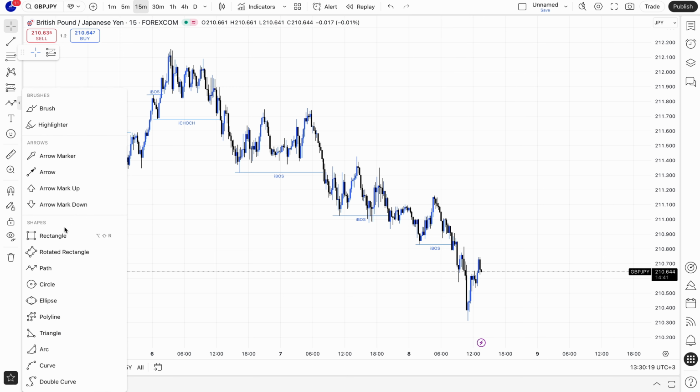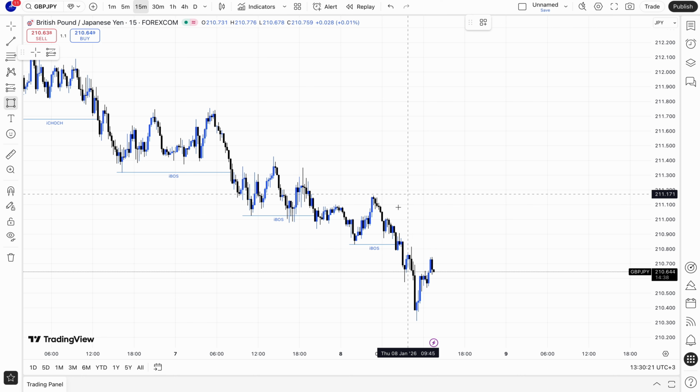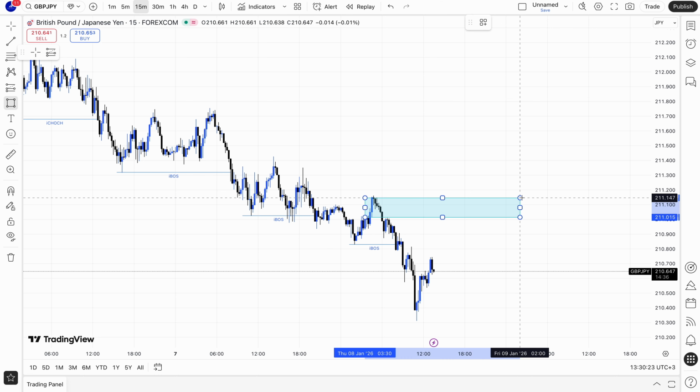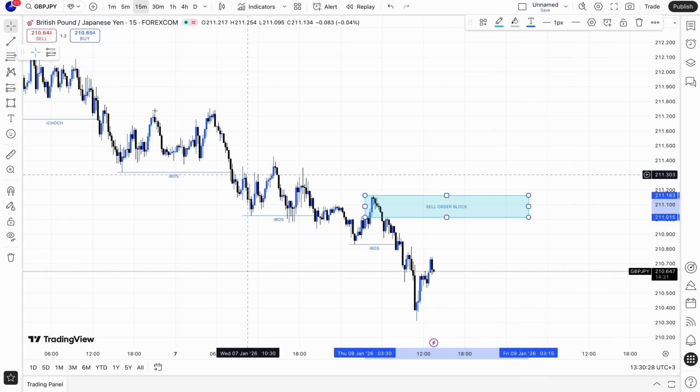Super simple. So we have our only and only order block, which is this one.